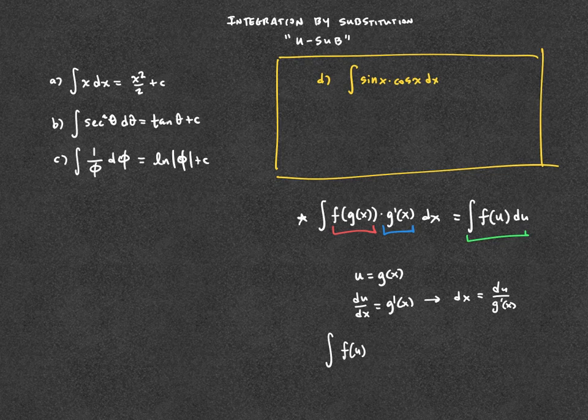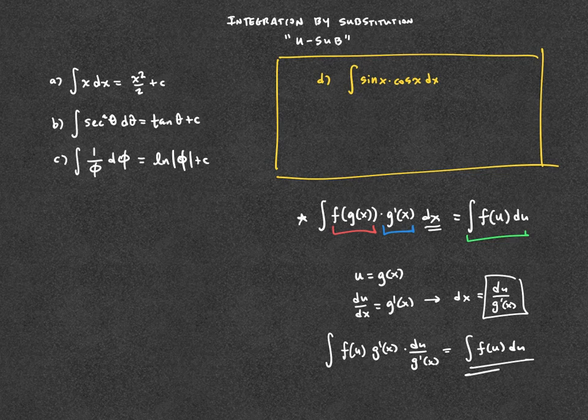I haven't been able to rid myself of the g prime of x underlined in blue yet, so I'm going to leave that where it is. So I have g prime of x, and in for dx, I plug in du over g prime of x. As I simplify, you can see the g prime of x's disappear, and I get f of u du.